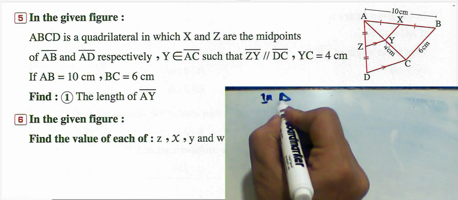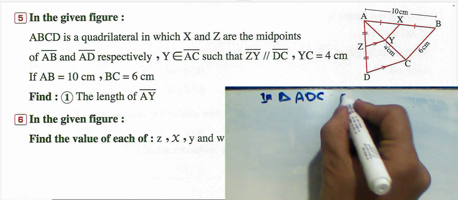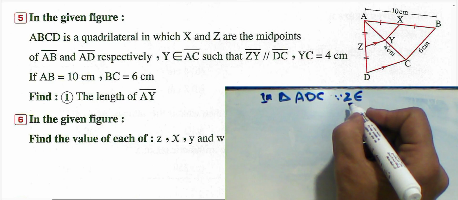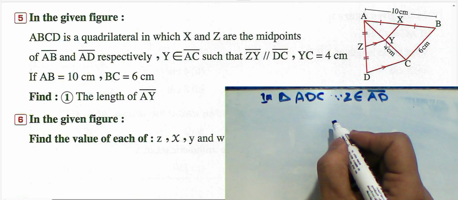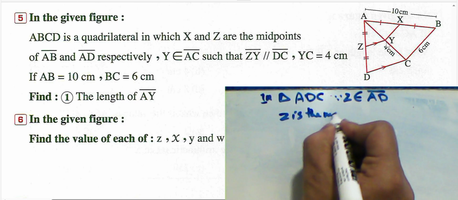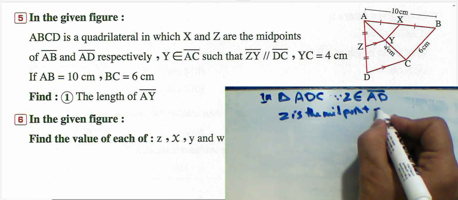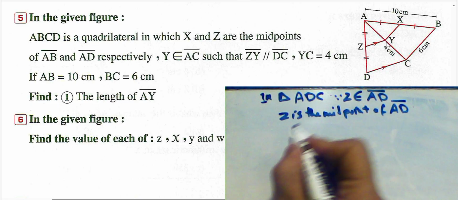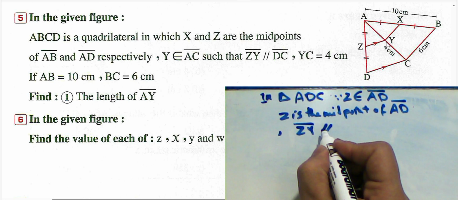Write in triangle ADC such that Z belongs to the line segment AD and Z is the midpoint of AD, and also we have ZY is parallel to DC.